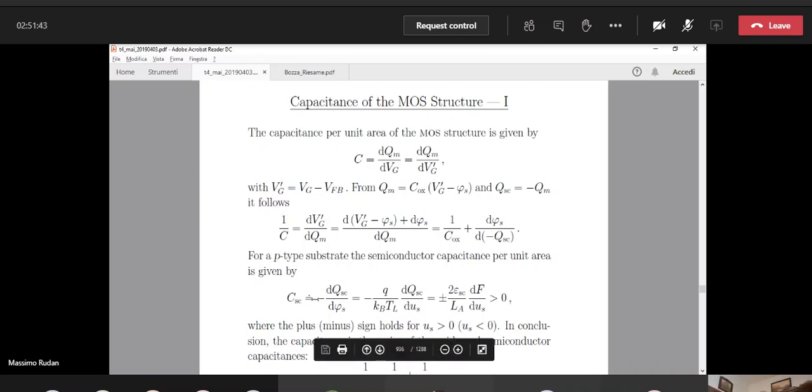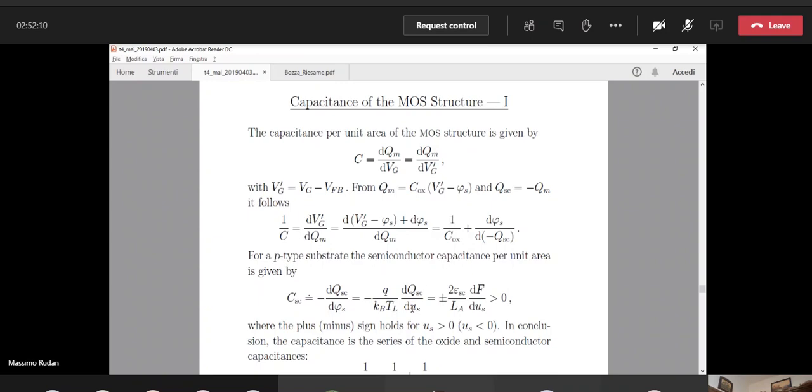We define it with a minus because we have a minus in the original formula, okay? Then with some manipulation, we can replace phi s with kT over q times US. We denormalize the surface potential.